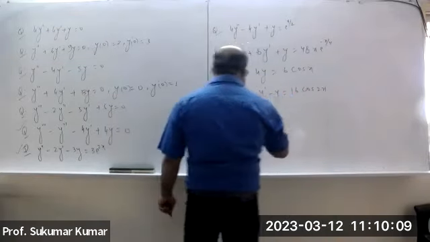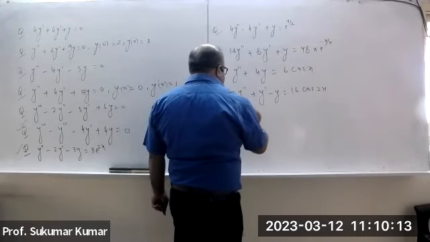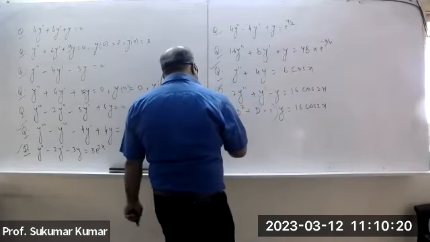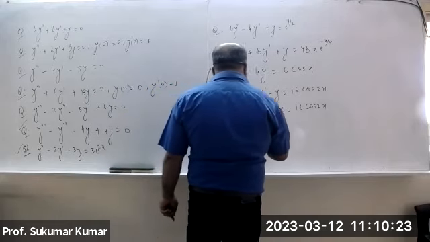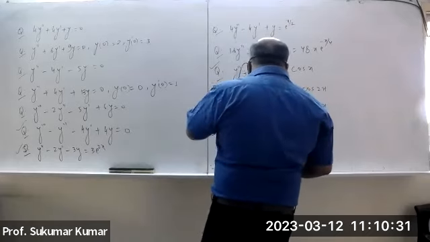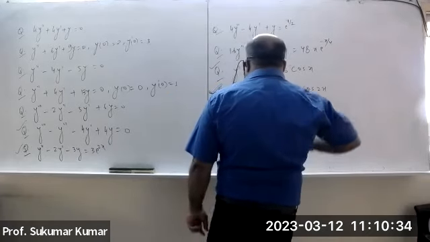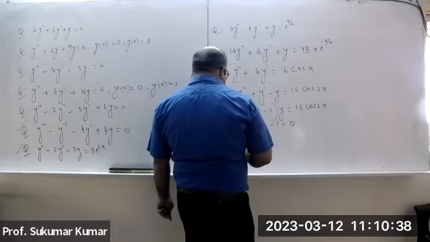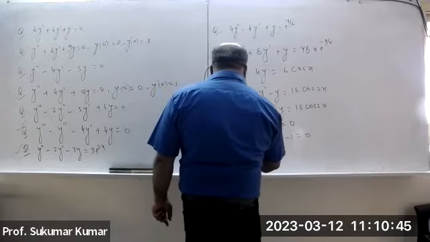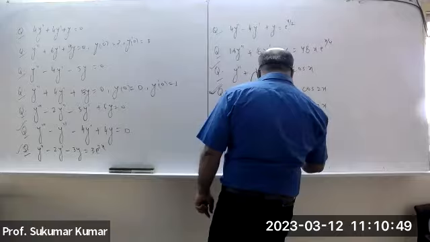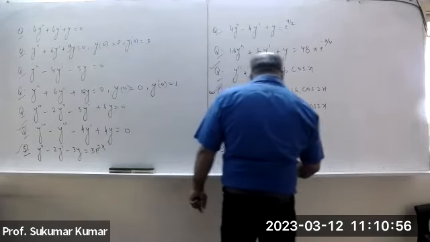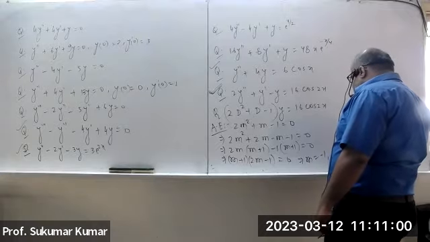First, we will change it into D form. So first we will write the auxiliary equation, 2m square. The m values are coming -1 and 1/2.